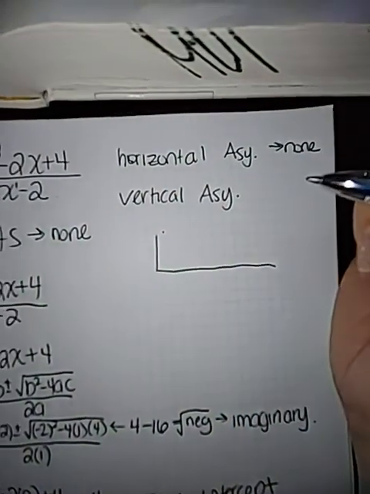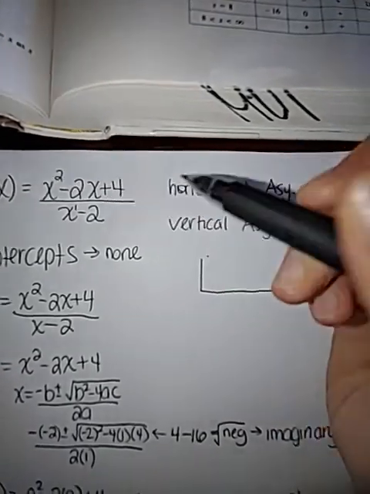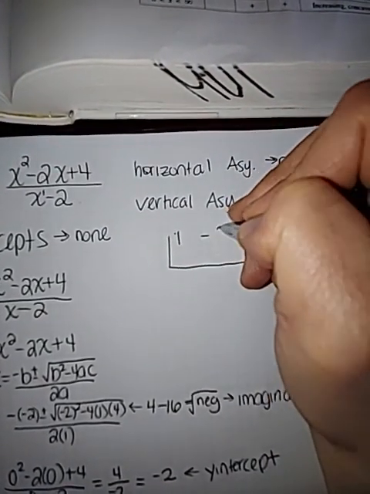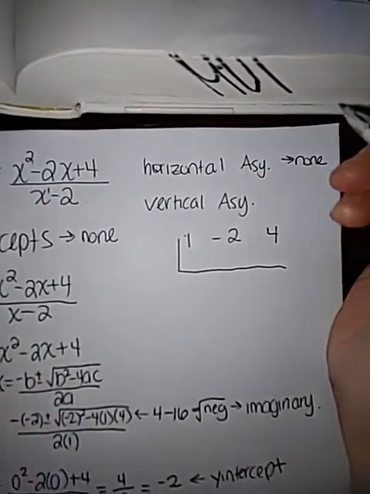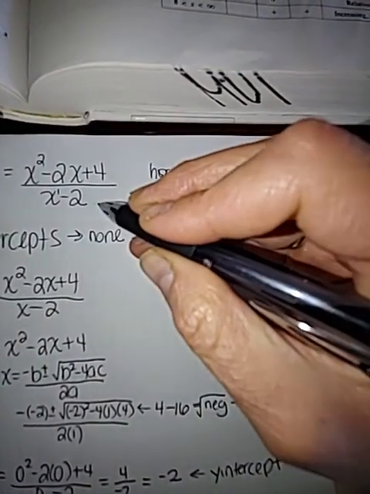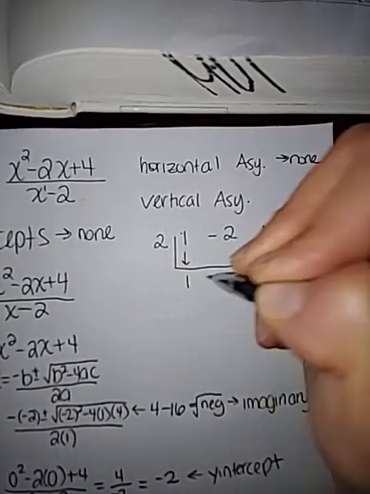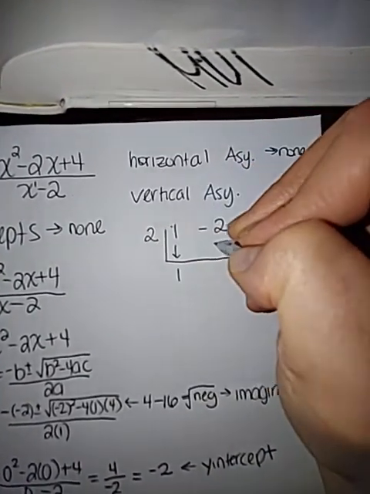I'm going to use synthetic division: 1, negative 2, 4, and positive 2 goes on the outside. 1 comes down. 1 times 2 is 2.